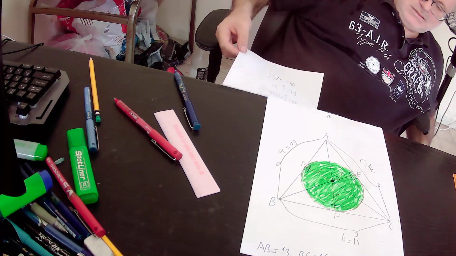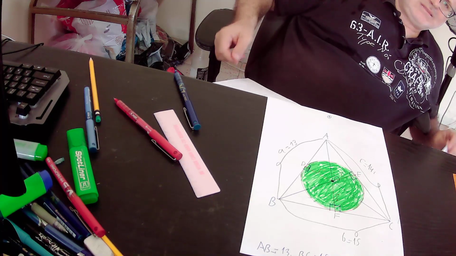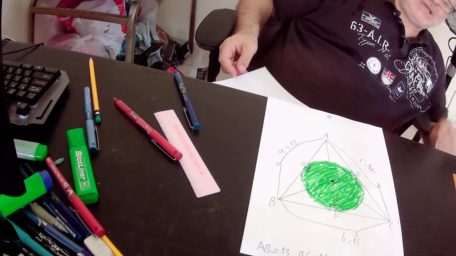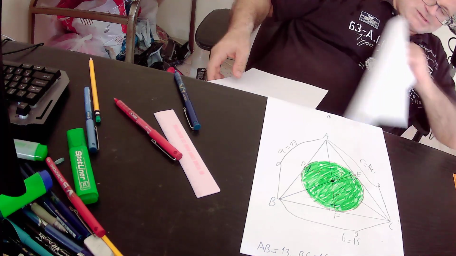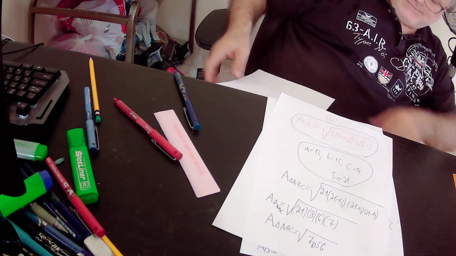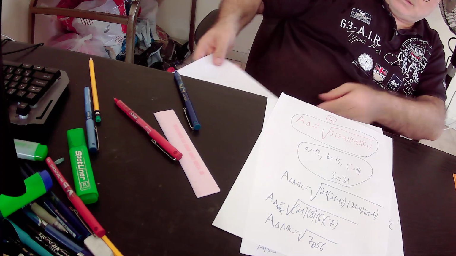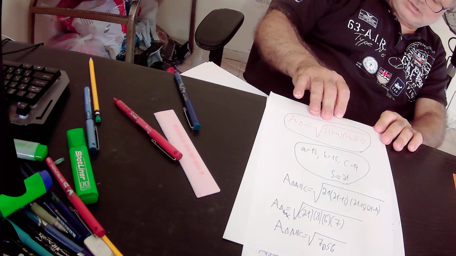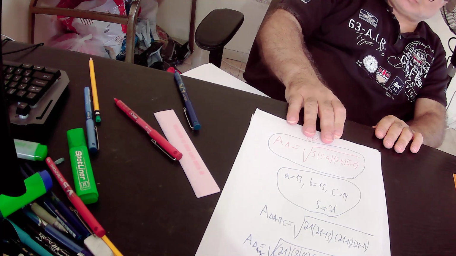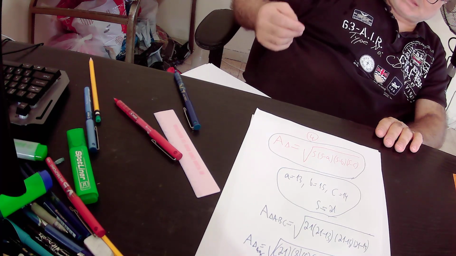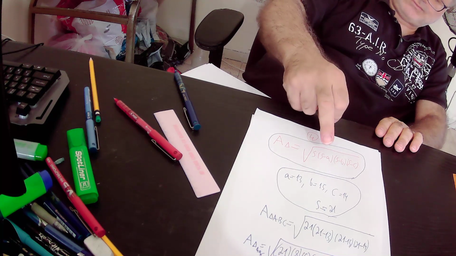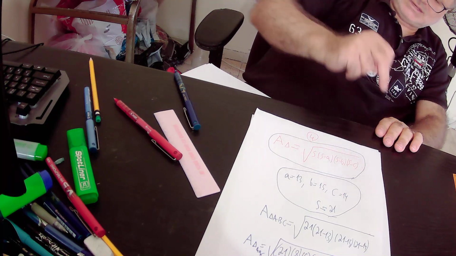The formula for the area of any triangle equals the root of S times (S minus A) times (S minus B) times (S minus C), where S is the semi-perimeter of triangle ABC, which is equal to 21 units, and A equals 13 units, B equals 15 units, and C equals 14 units.